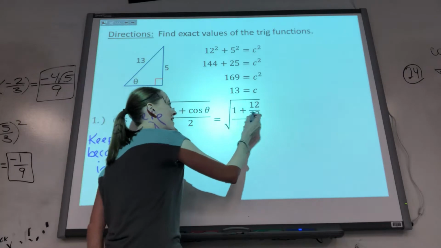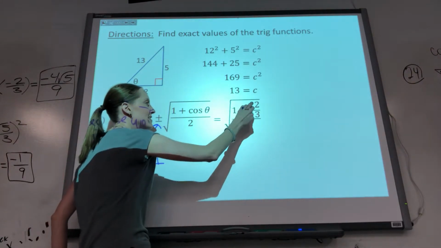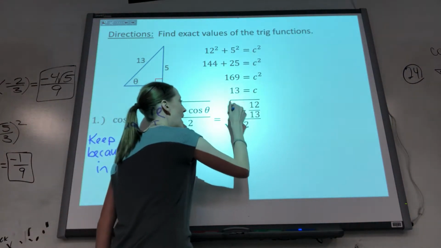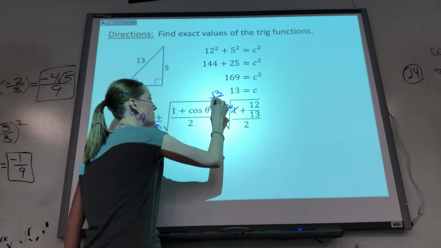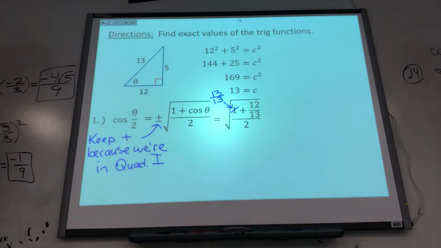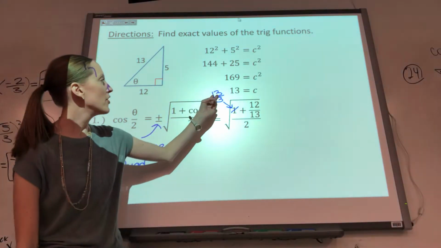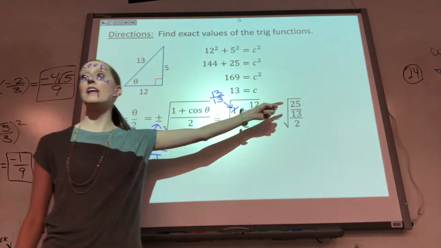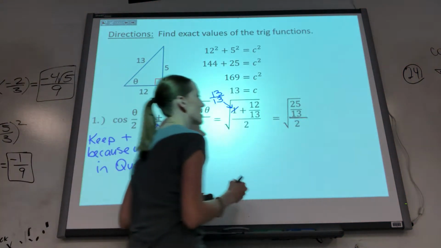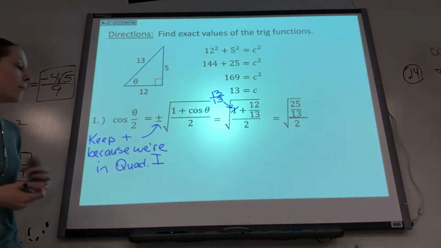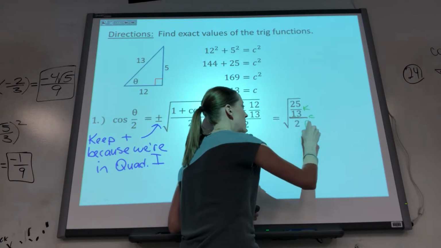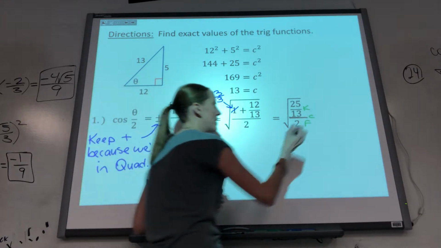Now to add those numbers on top, since this is a fraction, you really do have to get common denominators. I would think of the 1 as 13 over 13, and then I can add those pretty easily. 13 plus 12 is 25/13 all over 2.